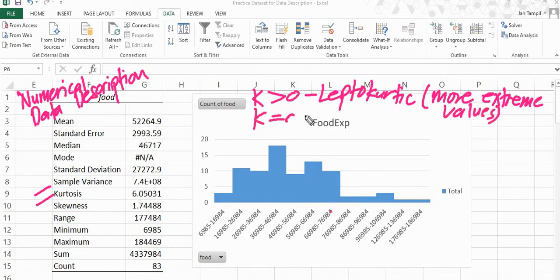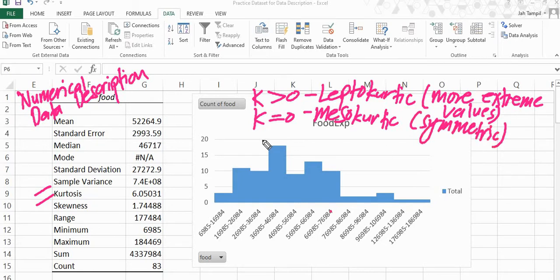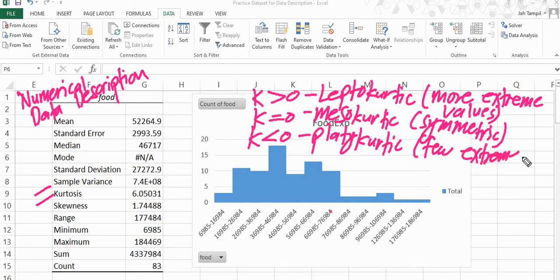If k is equal to 0, then we have mesokurtic, which means our distribution is symmetric. And if k is less than 0, then we have platykurtic, which would mean that we have few or less extreme, very large or very small values.